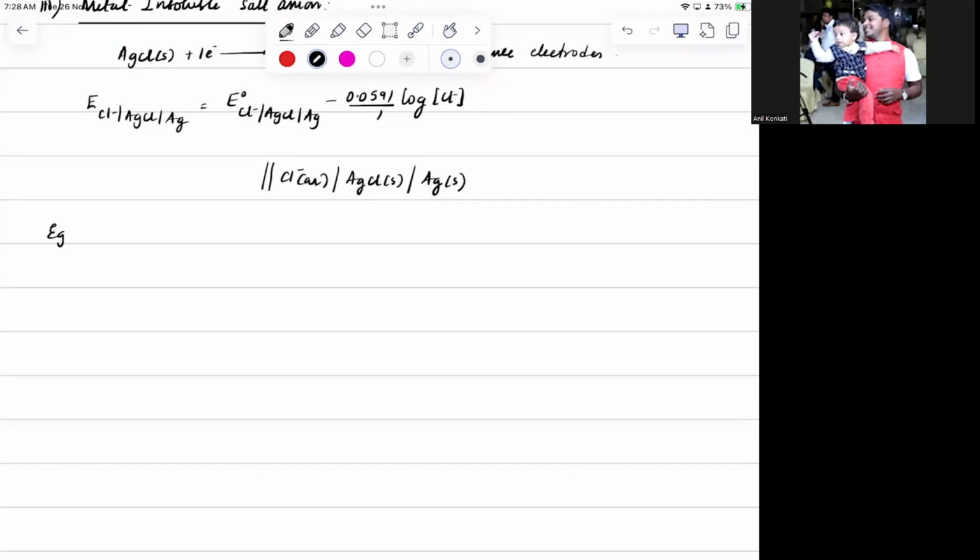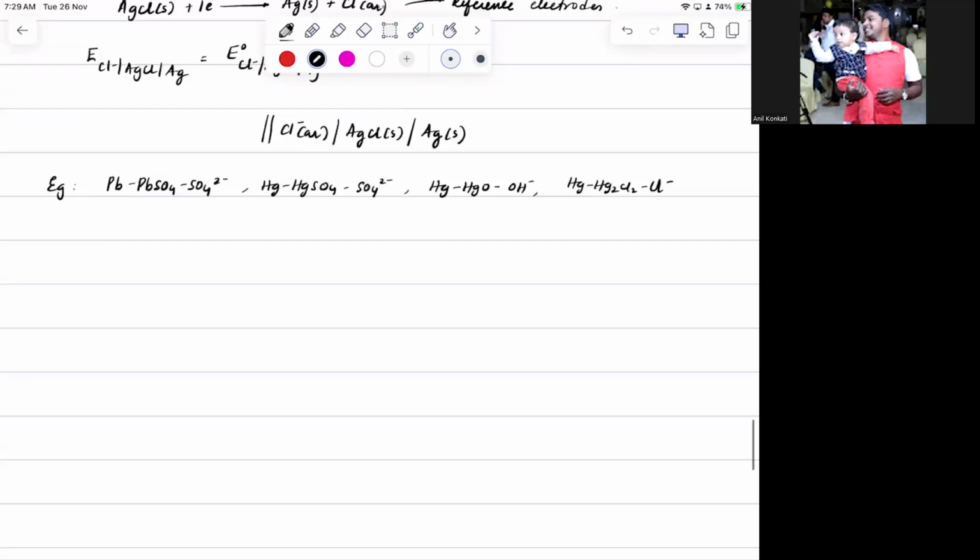Few examples in this case will be Pb to PbSO4 and SO4 2 minus; Hg to HgSO4 to SO4 2 minus; Hg to HgO to OH minus; and Hg to Hg2Cl2 to Cl minus. The last one is important. This is called the calomel cell, and this is also one very important reference cell.